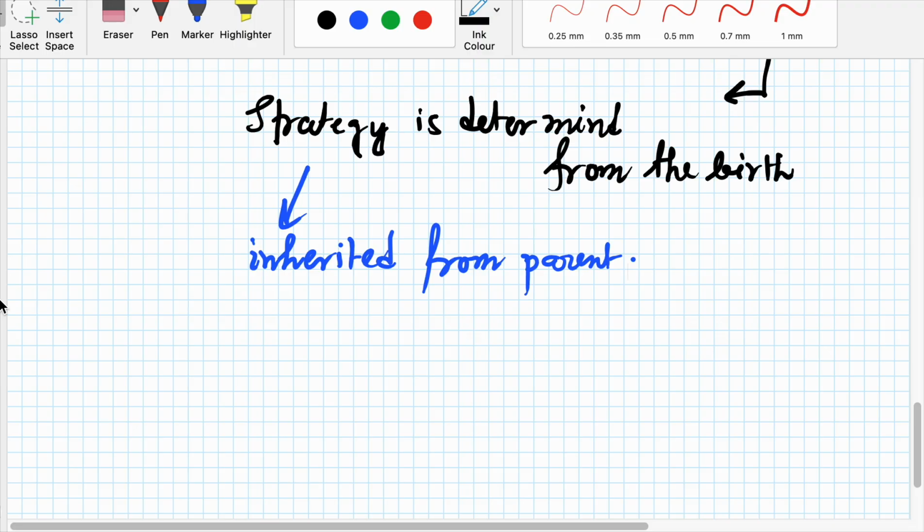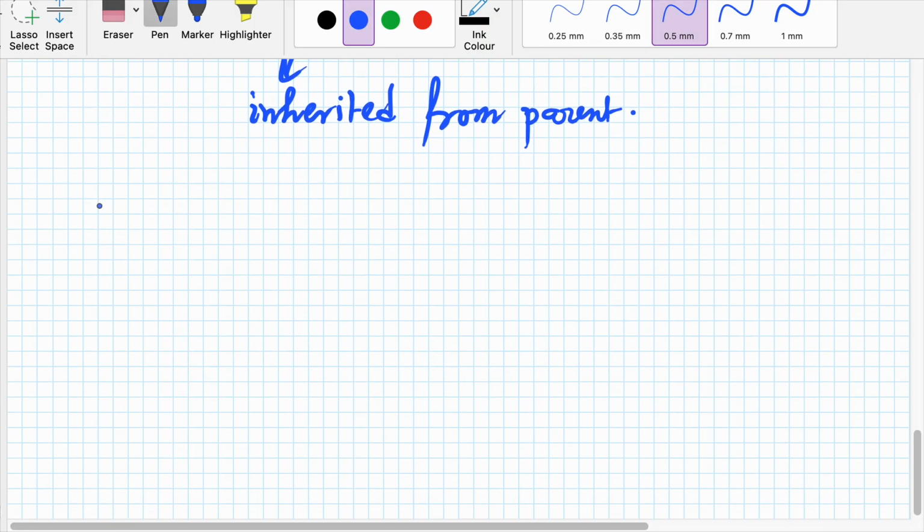This concept was first posed by John Maynard Smith. At that time there was a debatable question which is obviously about strategic interaction.